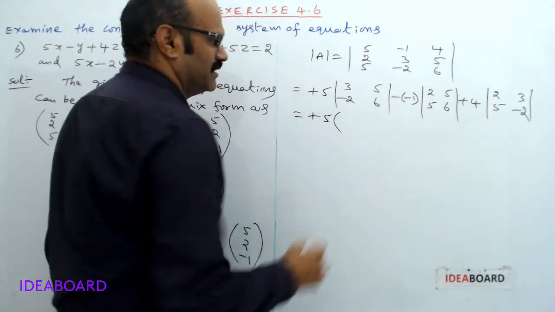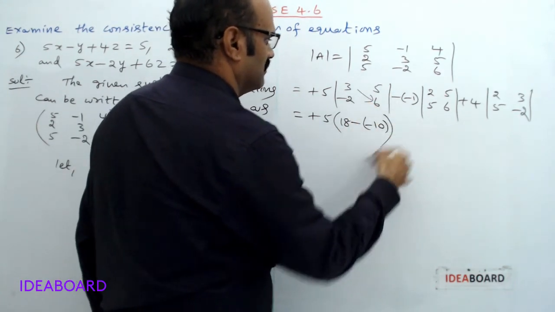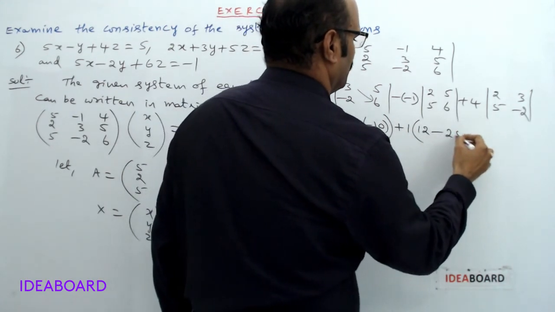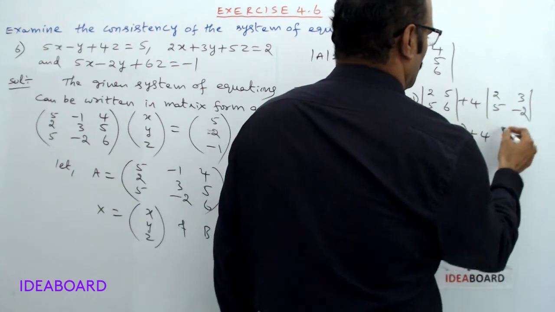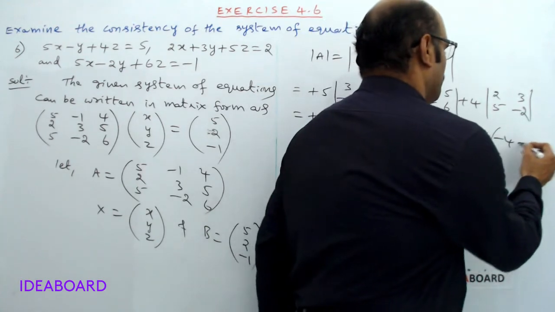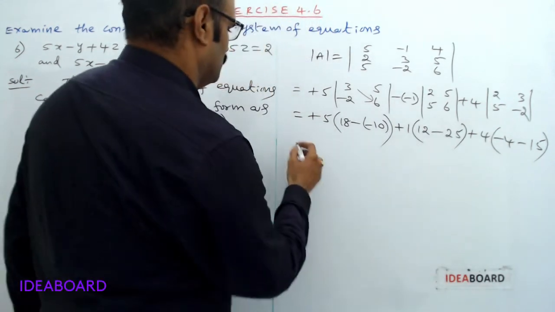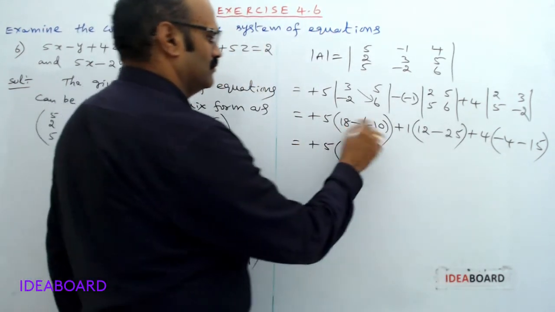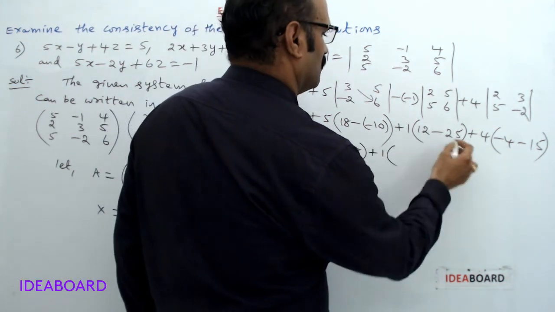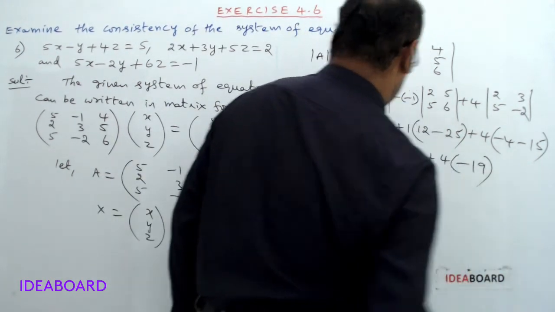It's equal to plus 5 into 3 into 6 is 18 minus 5 into minus 2 is minus 10, plus 1 into 2 into 6 is 12 minus 5 into 5 is 25, plus 4 into 2 into minus 2 is minus 4 minus 3 into 5 is 15, equal to plus 5 into 28 plus 1 into minus 13 plus 4 into minus 19.